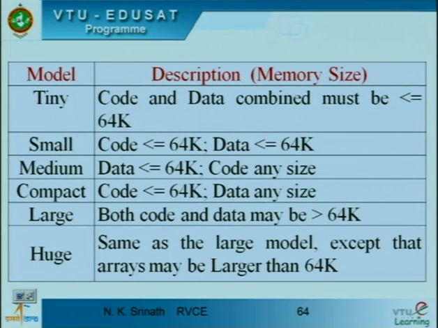When you say huge, it also means that you have an array of data, and this array of data may exceed 64K. Between large and huge there is one major difference.